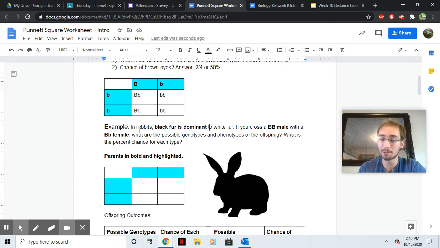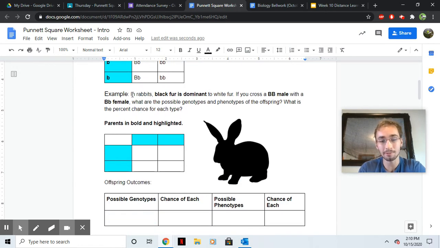Now we're going to do an example with rabbits. In rabbits, black fur is dominant to white fur. If you cross a homozygous dominant male with a heterozygous female, what are the possible genotypes and phenotypes of the offspring? What is the percent chance for each? Here's how you do these ones. Please pay close attention.